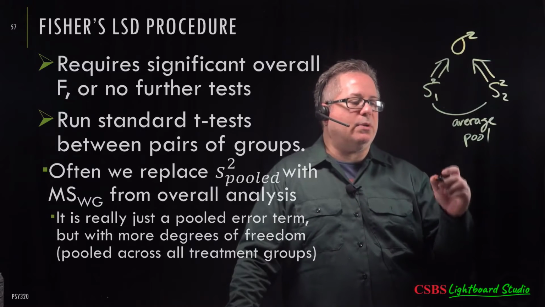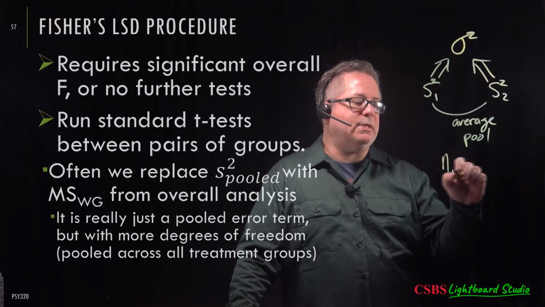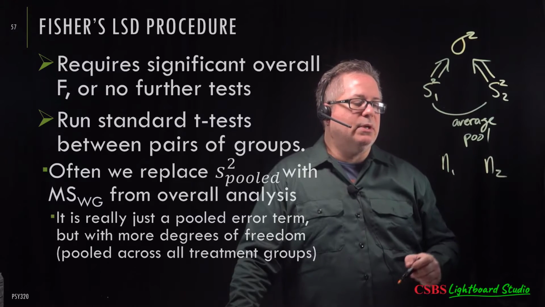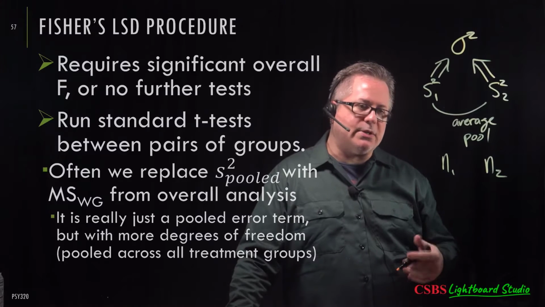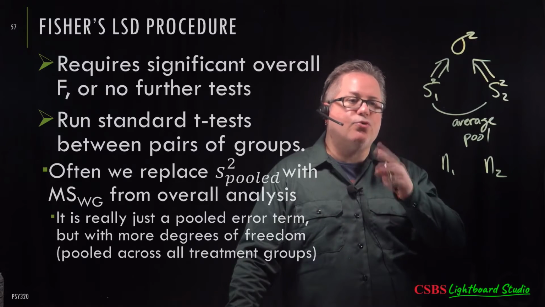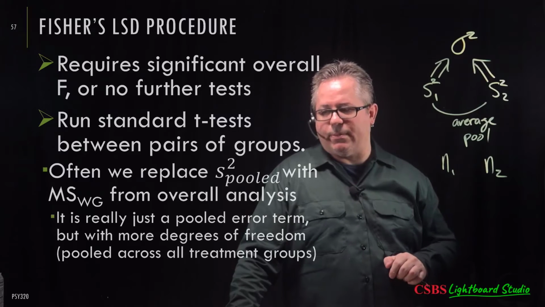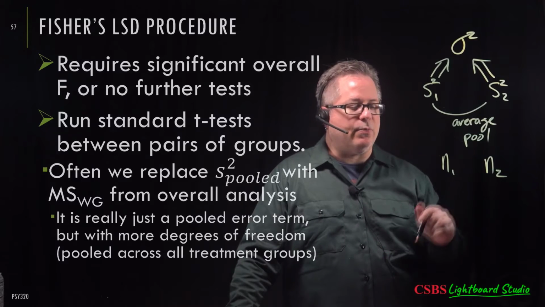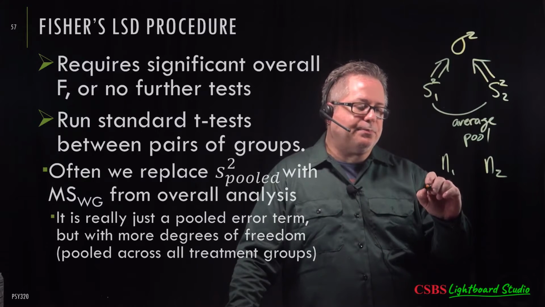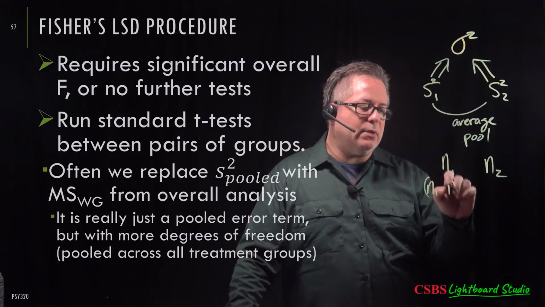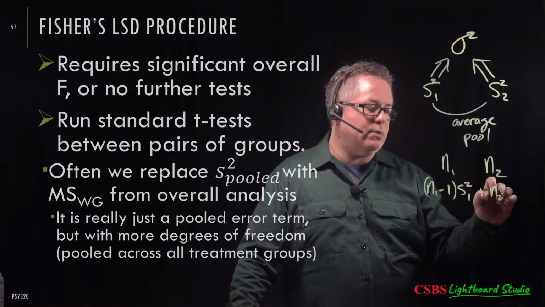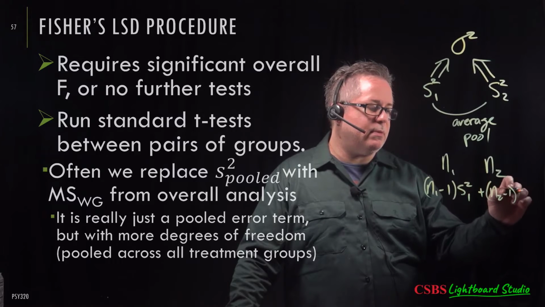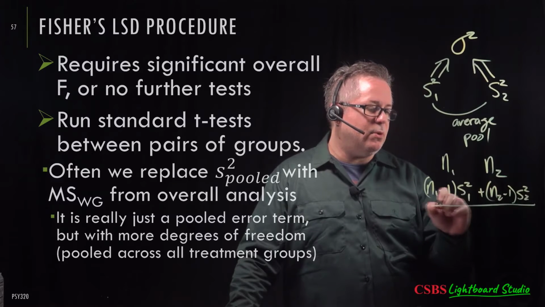We also said we should probably take the n of each one into account, because if one of them has a larger sample size, it's probably a better estimate and should contribute to the estimate of the population more. So that's when we got n1 minus 1 times the variance of 1 plus n2 minus 1 times the variance of 2, over the common degrees of freedom.